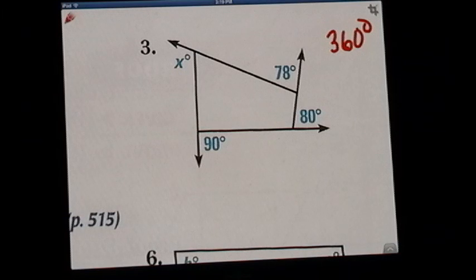Add up the angles I have: 90 plus 80 plus 78 equals 248. Check it again: 90 plus 80 plus 78, 248. So subtract to find out what x is, and I'll tell you at the end.